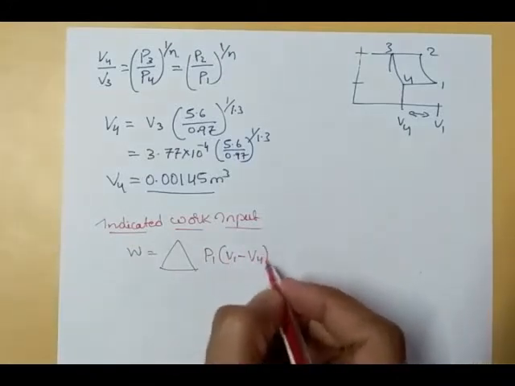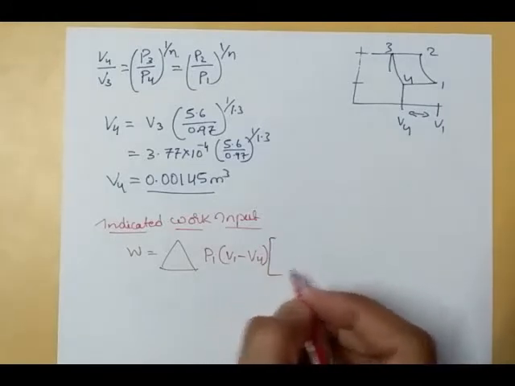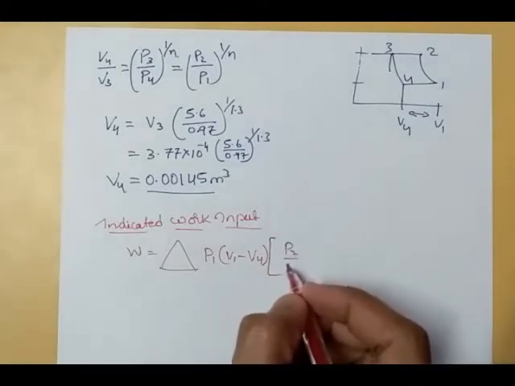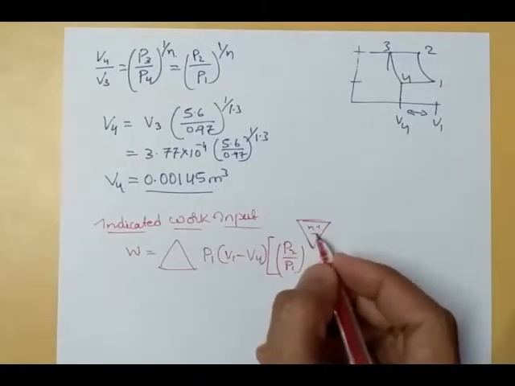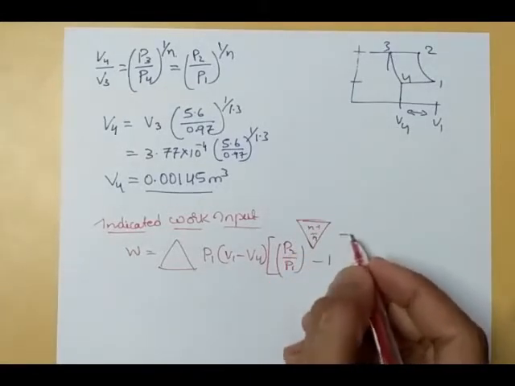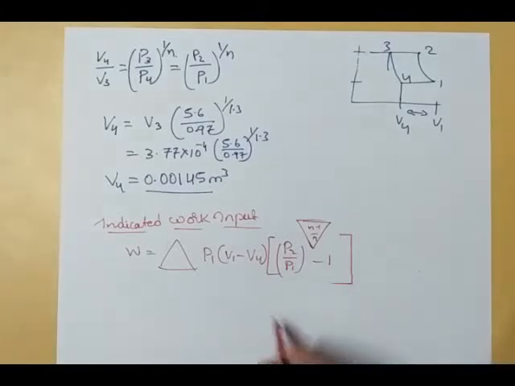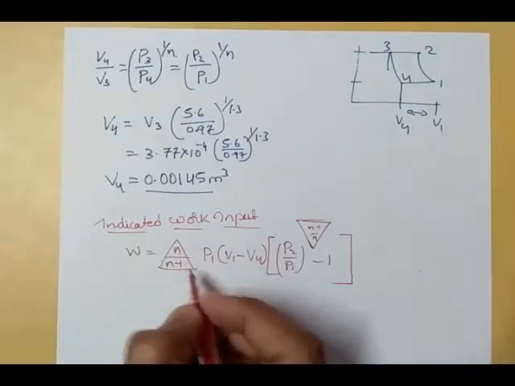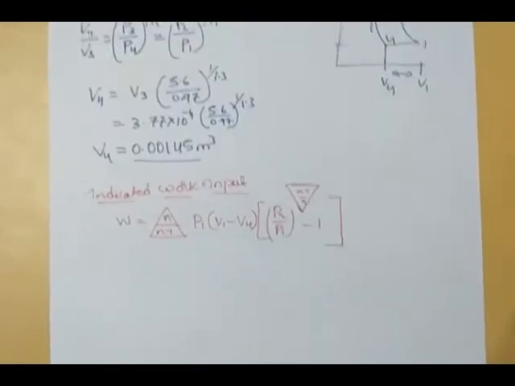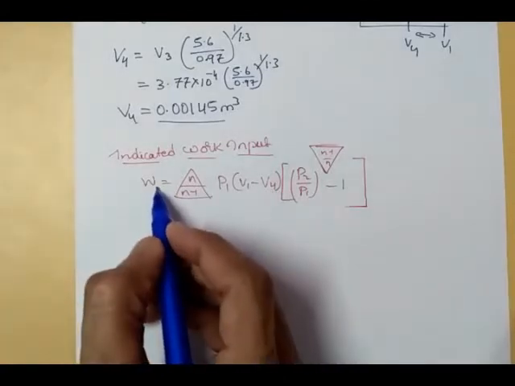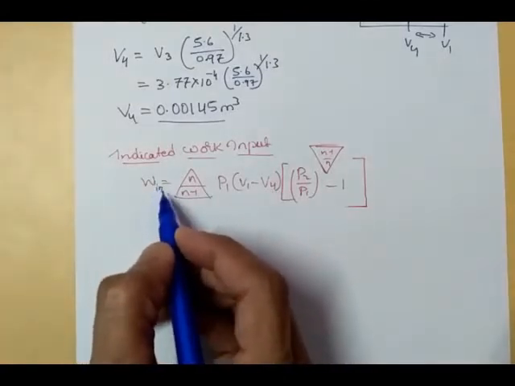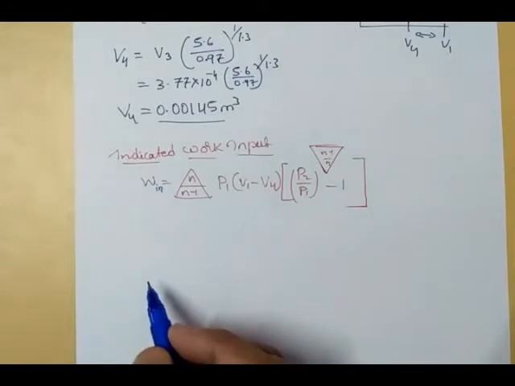V1 minus V4 times P2 by P1 power n minus 1 by n, and similarly here n by n minus 1. So if we substitute the values in this equation, we will get the indicated work input, but we have to calculate power, indicated power IP.